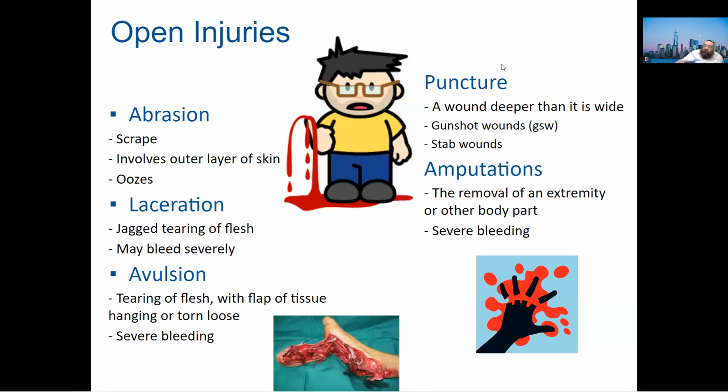Puncture. All right, so now we've got to think somebody got stabbed or shot. These are the two easiest ones, but there are others. But if somebody got stabbed or shot, that is a puncture. And the definition of a puncture is a wound deeper than it is wide. So it's going inwards into the body, deep.